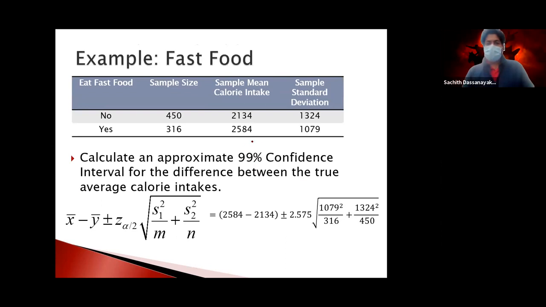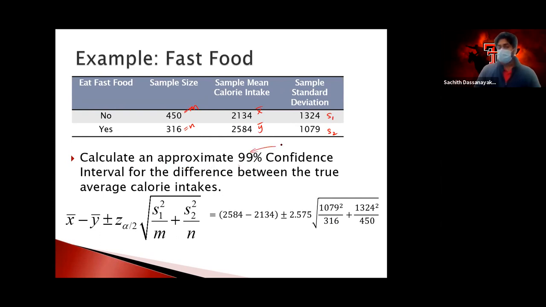Check this example, the same example we discussed last week. These are the sample sizes, N and M. These are the sample means, X bar and Y bar, and the sample standard deviations S1, S2. We need to find the approximate 99% confidence interval.